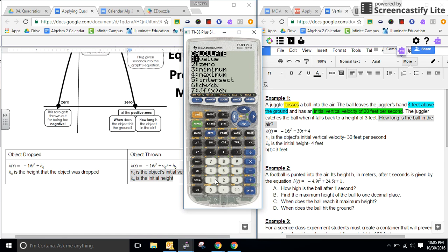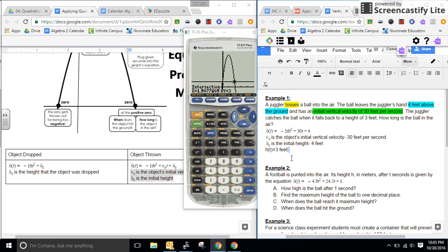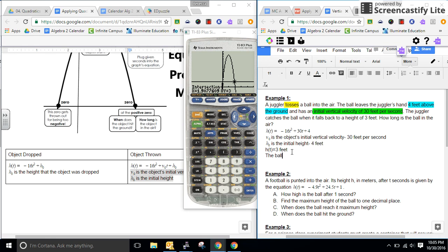Second trace, intersect, and I'm going to come over to the other side, and it is intersecting at 1.9 seconds. So how long was the ball in the air? The ball was in the air for 1.9 seconds, and that's my final answer.